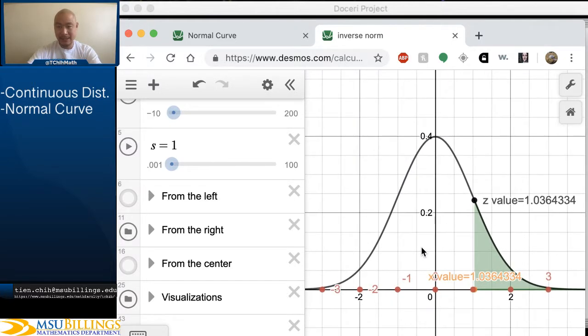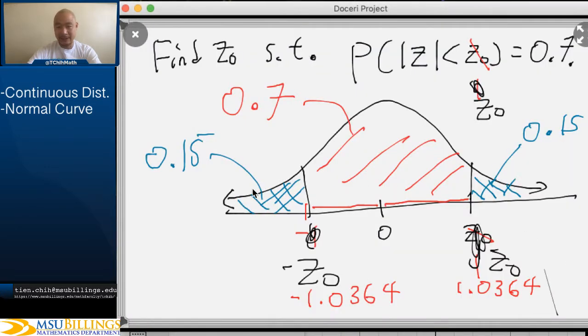All right, then another way we could have found these is, here's 70, here's 15. These two pieces together are 85%. If I come in from the right 85%, I ought to get the positive 1.0364. If I come in 85% from the right, I ought to get the negative 1.0364.